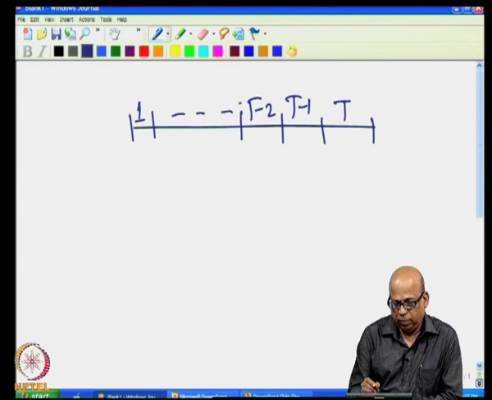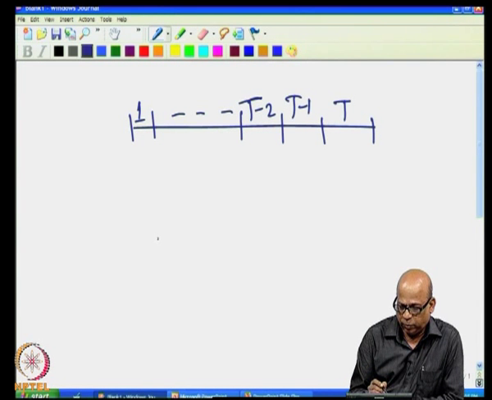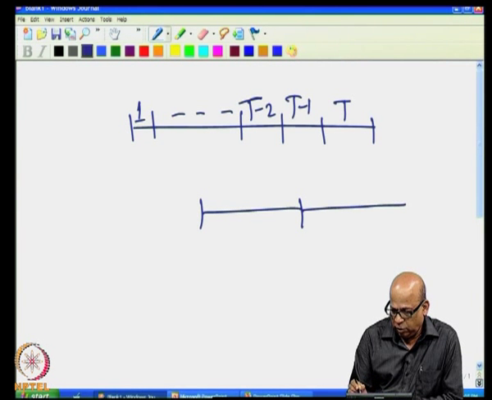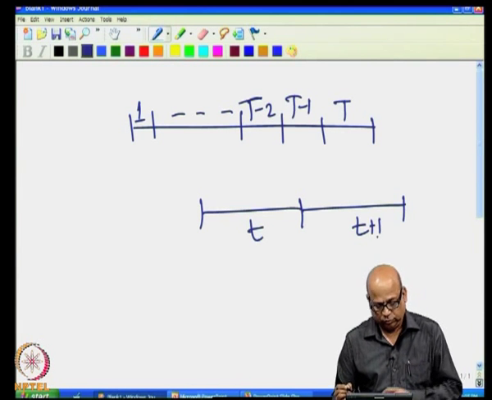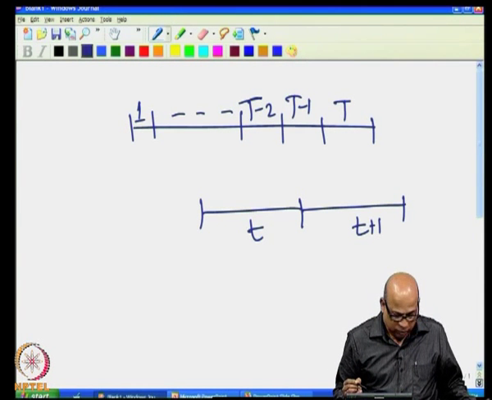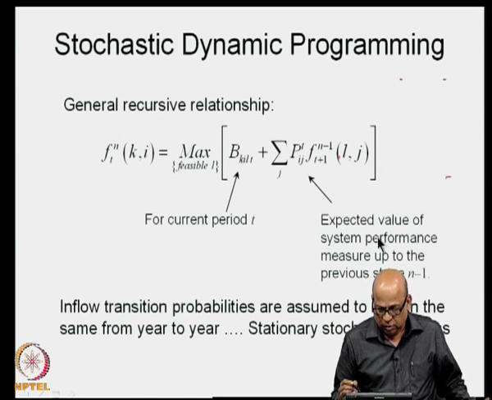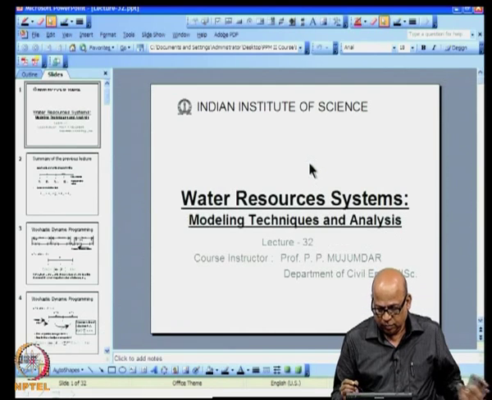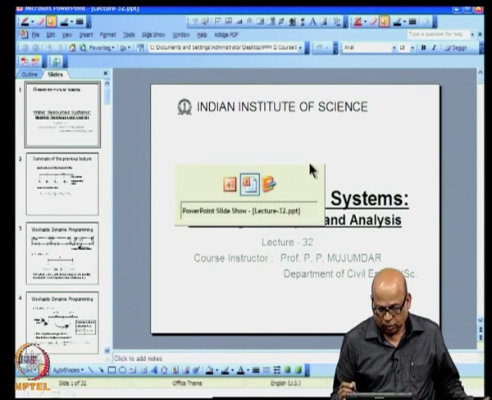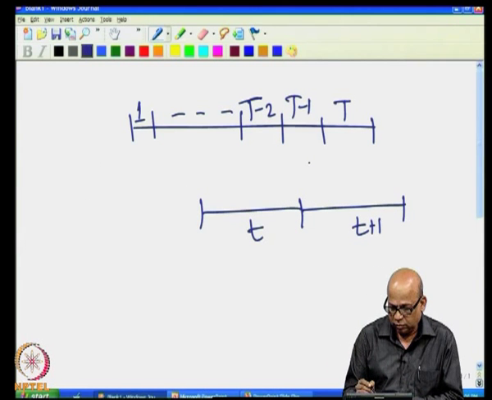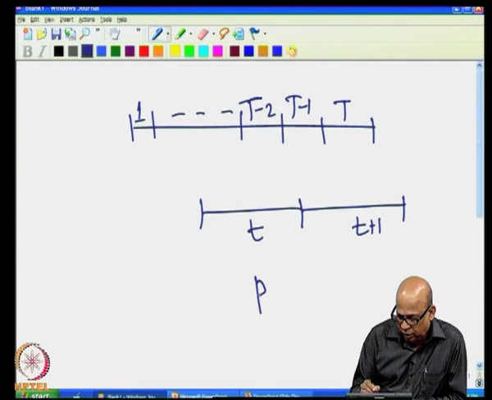If it is a monthly operation, you have 12 such periods. Now, take any two adjacent time periods, t and t plus 1. The associated transition probabilities are p i j t.